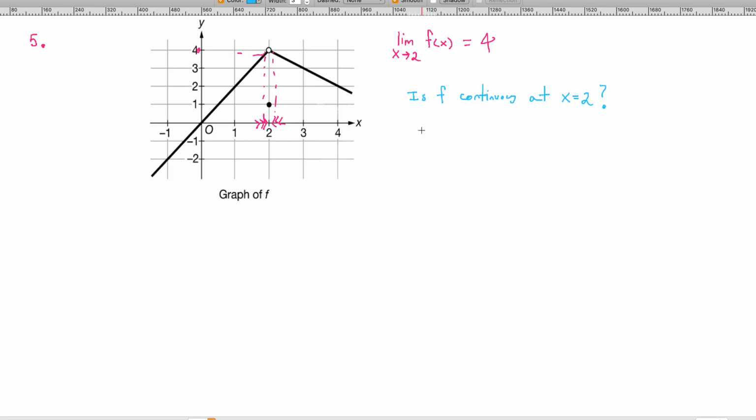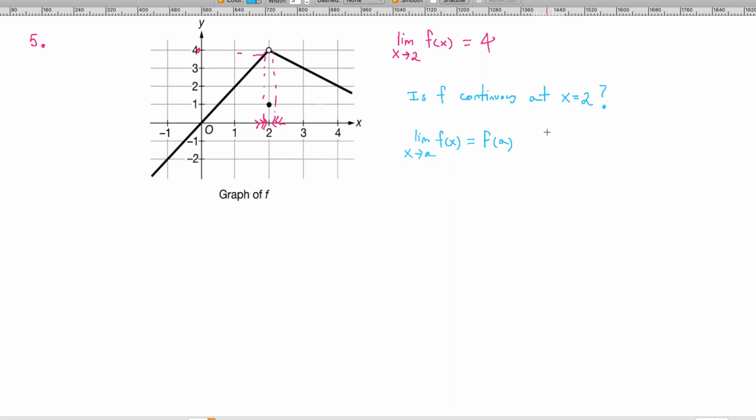So the definition of continuity is that the limit as x goes to a of f of x equals f of a. That means that the function is continuous at a.